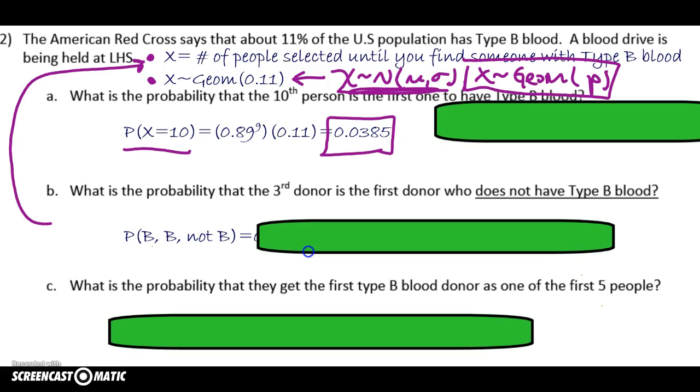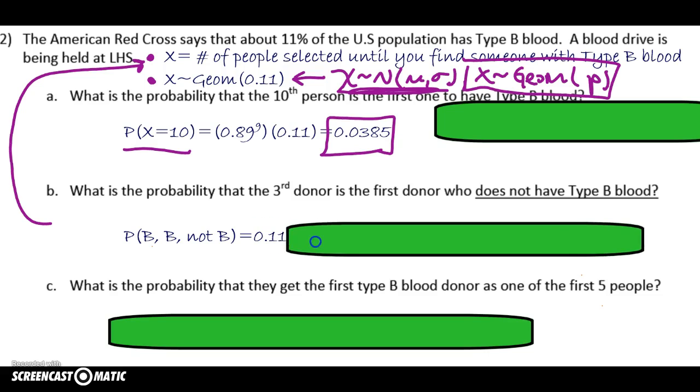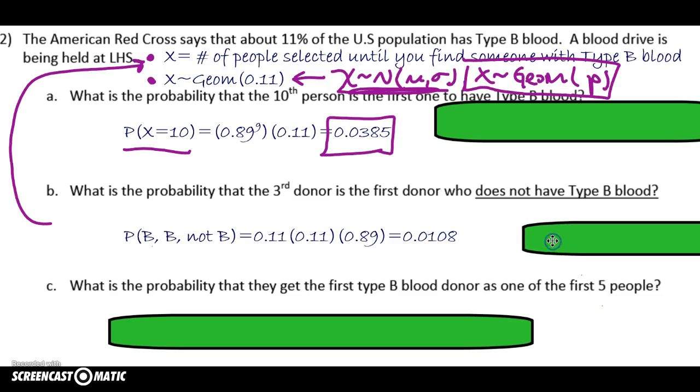And I didn't really worry about the notation as much. So this is the probability the third person is the first one who does not have type B. That means that the first 2 did have B. So that would be B, B, and then not B. So that's the actual probability that we're looking for. And here, because this is geometric, each donor is independent. So it's going to be 0.11 times 0.11 times 0.89. So that's where we get the 0.0108.